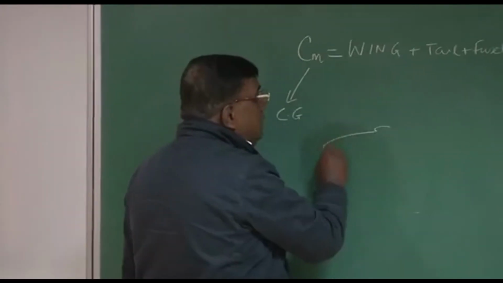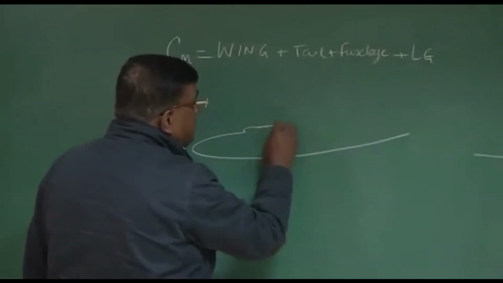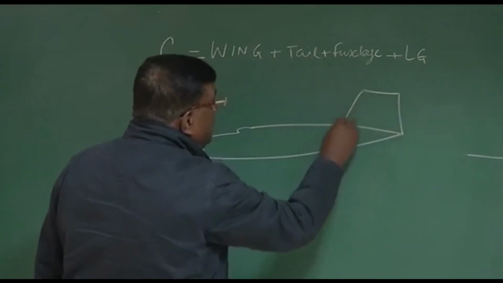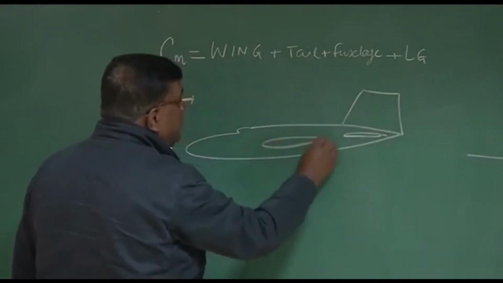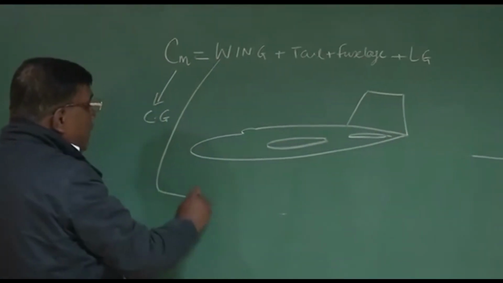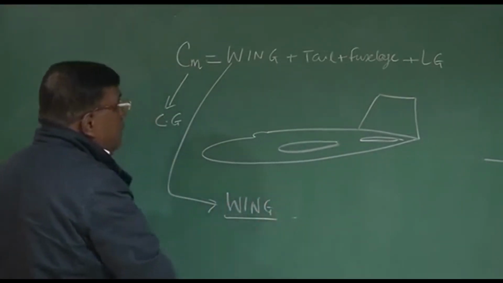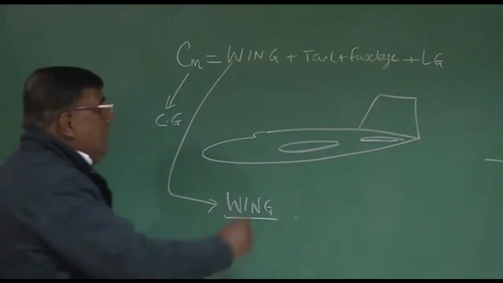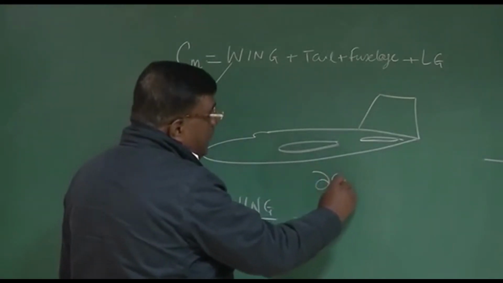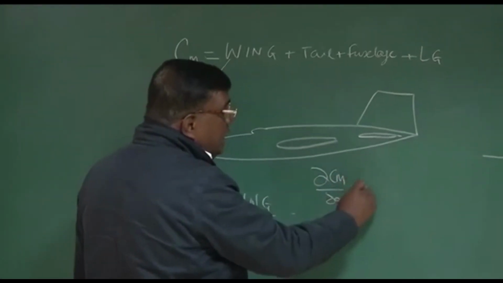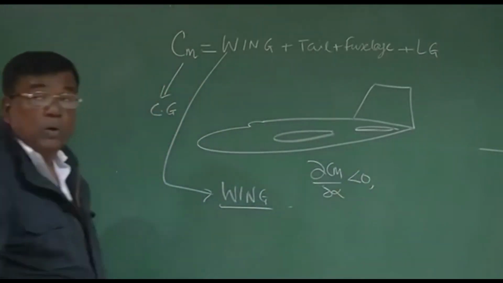Now see, this is very important. If I see the wing part, okay? What is my aim? My aim is dCm by d alpha should be less than 0 of the whole airplane.